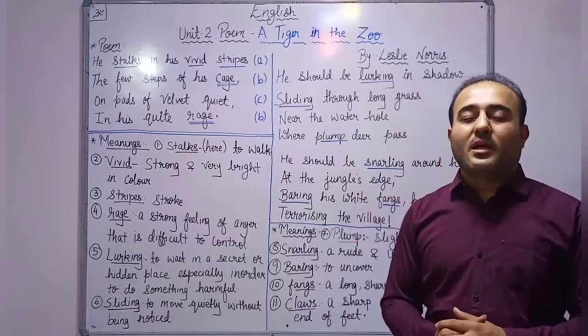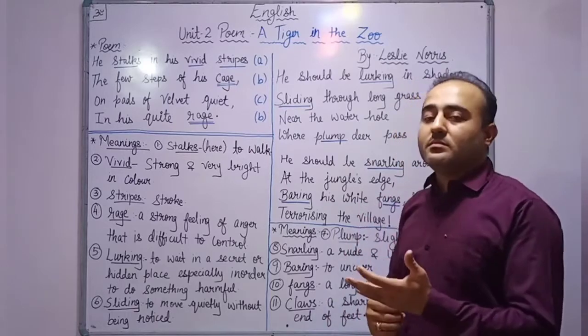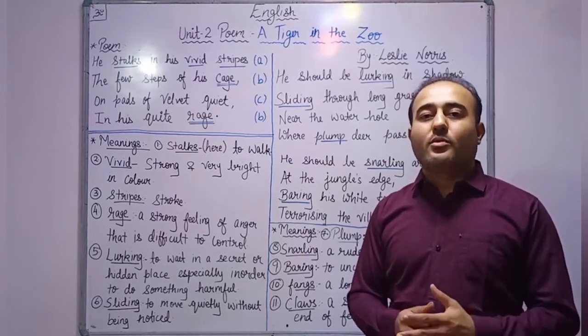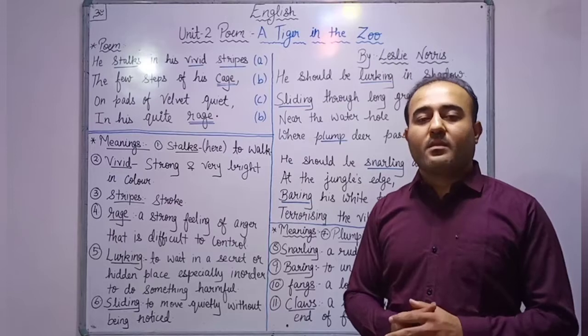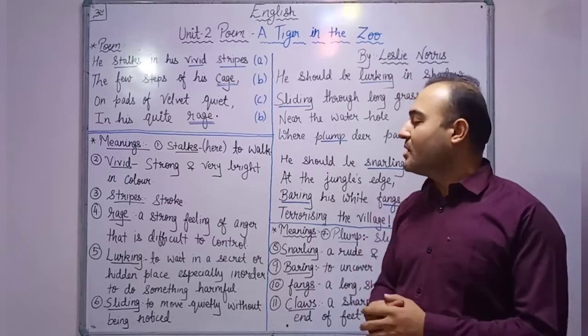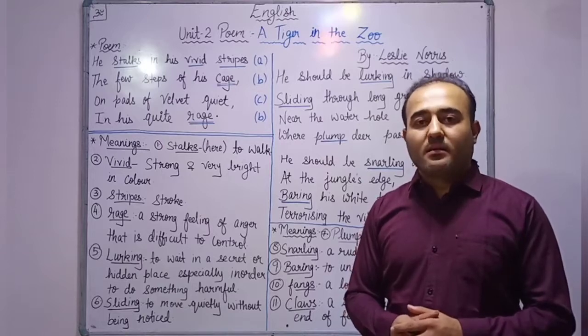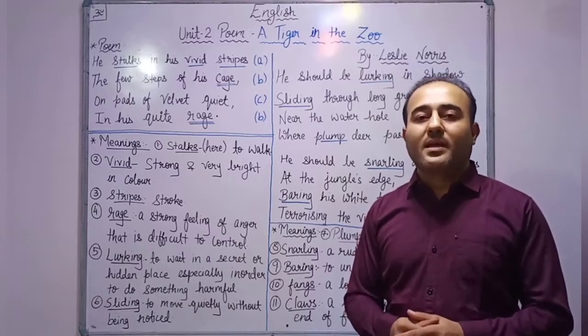Why? In order to attack its prey, because in the forest during a sunny afternoon, the forest animals reach near the water hole to drink water, and the tiger hides over there.